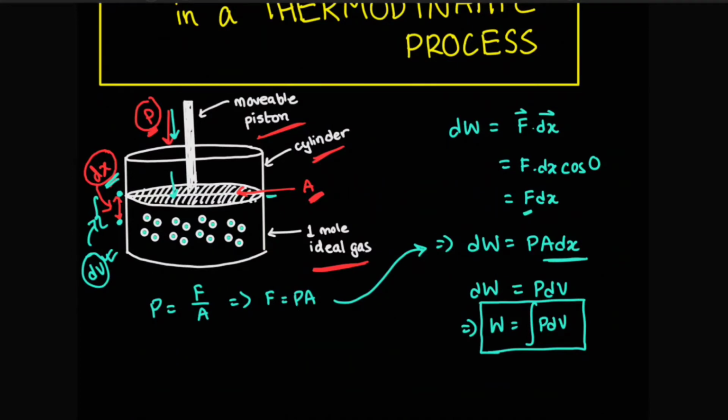We know that we have 4 types of thermodynamic processes: isobaric, isochoric, adiabatic, and isothermal. So let us proceed with the calculation of the work done in each and every single one of those thermodynamic processes.